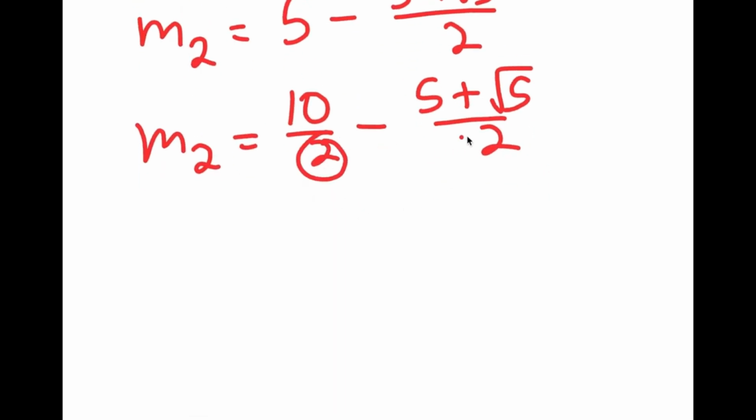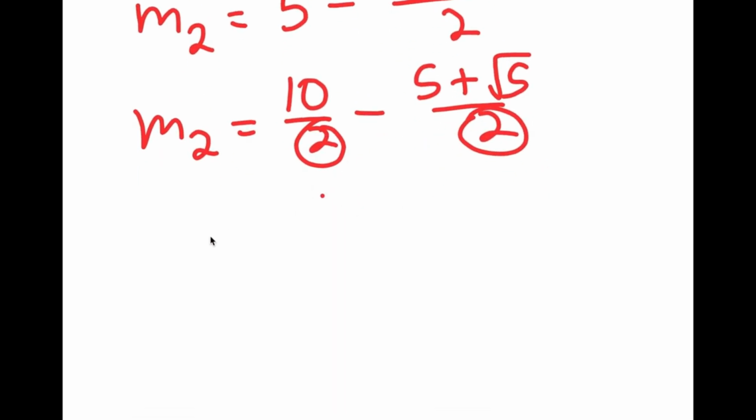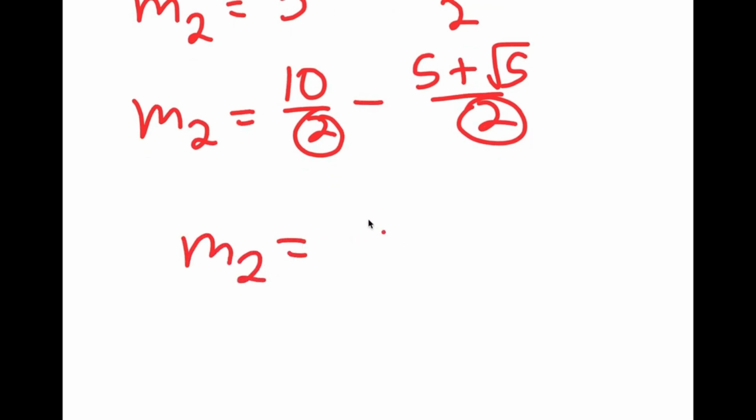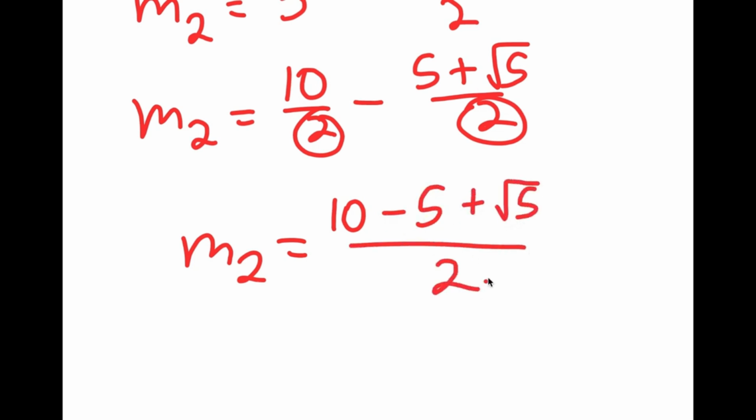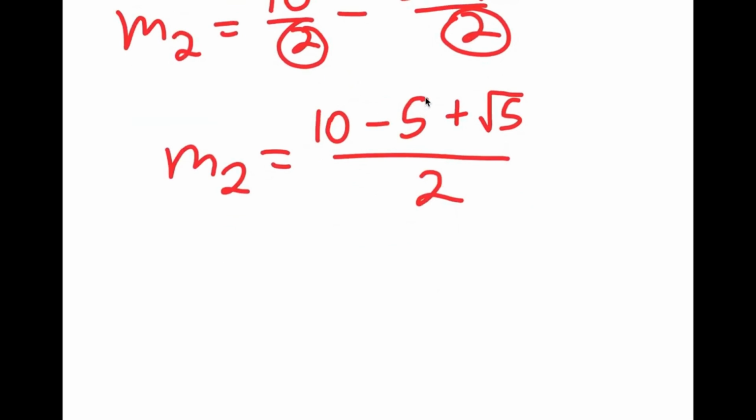So I get 10 over 2 minus (5 plus the square root of 5) over 2. And subtracting two fractions with the same denominator is equal to the numerators subtracted from each other over that denominator. So I get (10 minus 5 plus the square root of 5) over 2, and 10 minus 5 is 5.